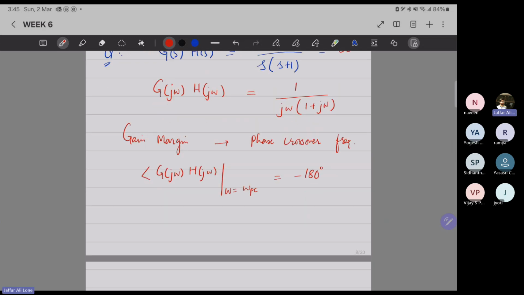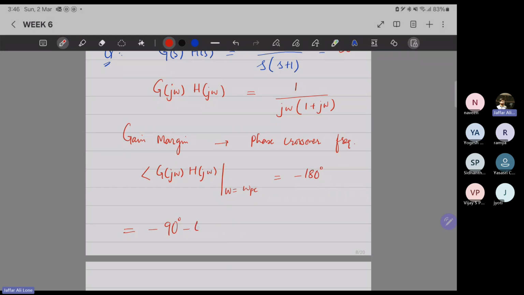Right? So now what is the angle? I have taught you this in the previous lecture when we were solving root locus, how to find the angle of a transfer function. So can anybody tell me what is the angle of this transfer function? It will be minus 90 minus tan inverse of omega by 1. Yes, minus because it's in the denominator. Then minus 90 because j omega has no real term.